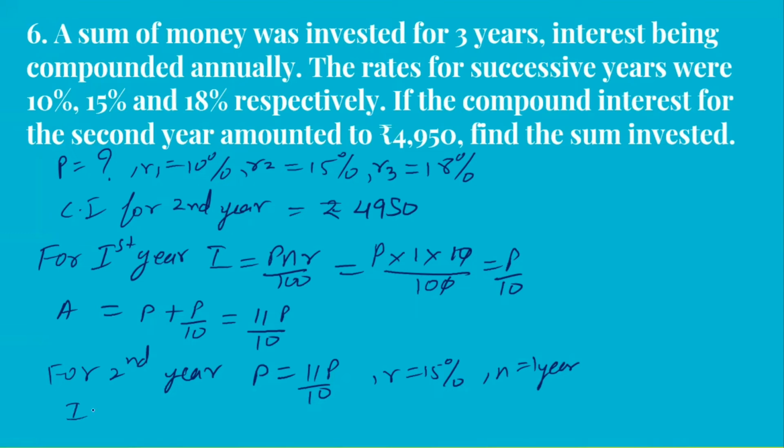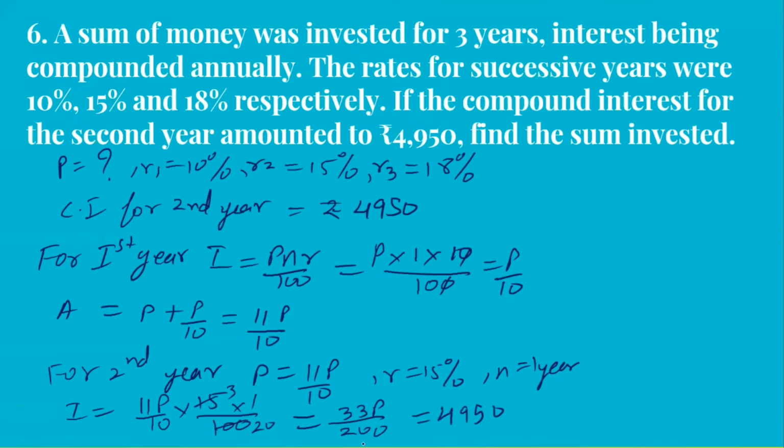So interest is equal to again PRN by 100. So P is 11P upon 10 into rate of interest 15 into N is 1 and upon 100. So let us simplify this. 5 3s are 15 and 5 20s are 100, so 11 into 3 is 33P and 10 into 20 is 200. Now, the interest for the second year is nothing but 4,950.